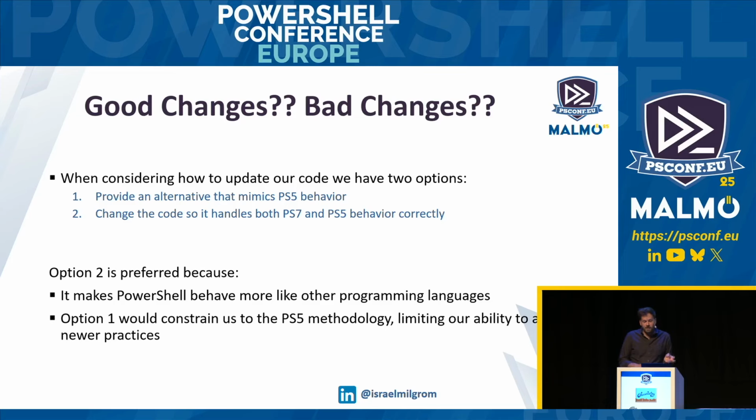And I personally think that the second option is a lot more preferred because it makes PowerShell behave like other programming languages, where they make decisions based on the environment that you're running on. Well, it's more like in the compilation stage, but that's the equivalent in PowerShell. And also, you adopt the future behavior.